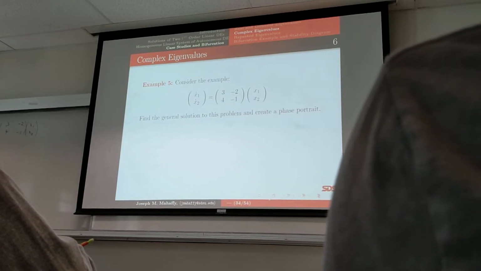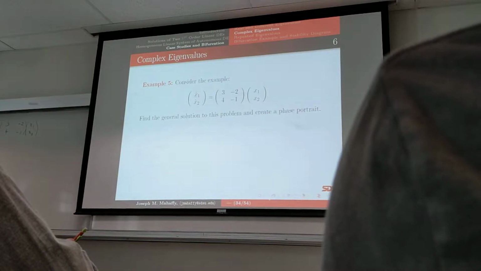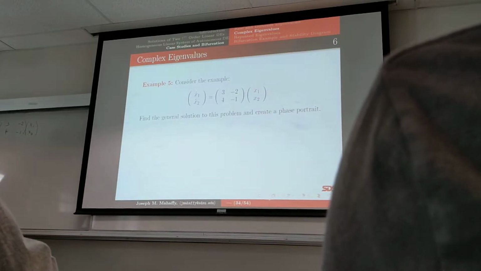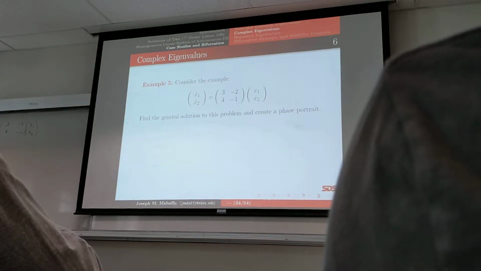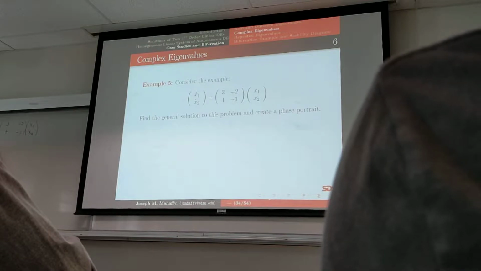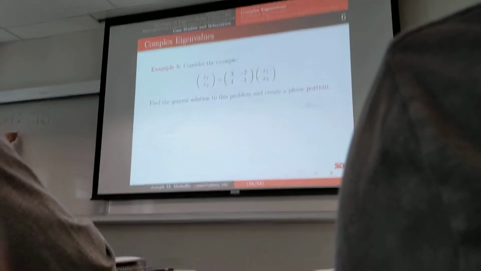All right? The standard way we start doing this is we want to find the eigenvalues, right? We need to find the eigenvalues. So we're doing the determinant of 3 minus lambda, minus 2, 4, minus 1 minus lambda.